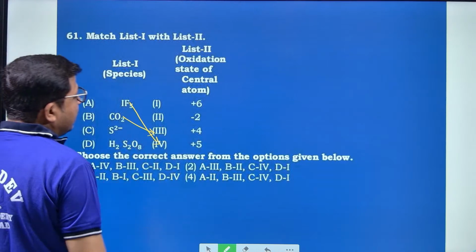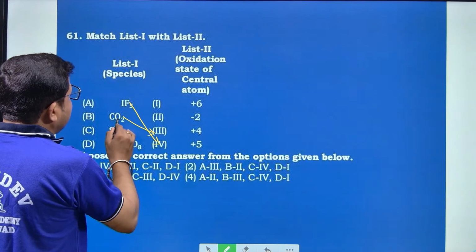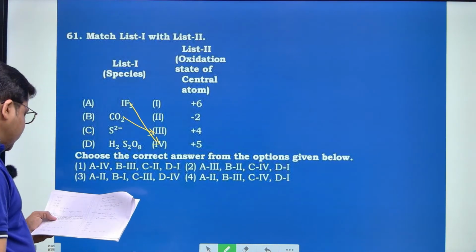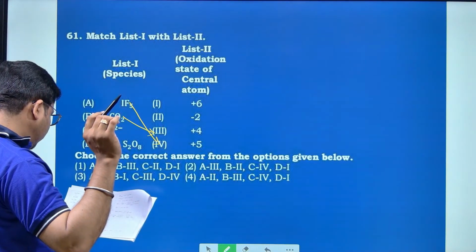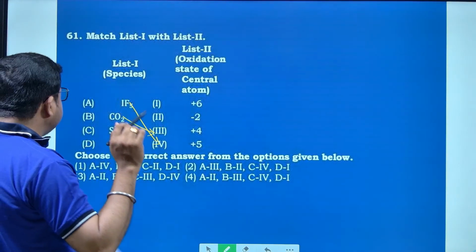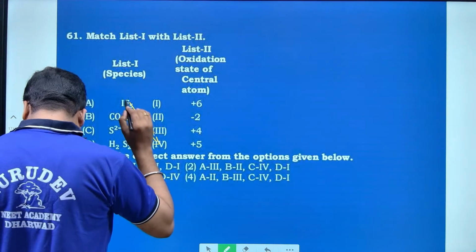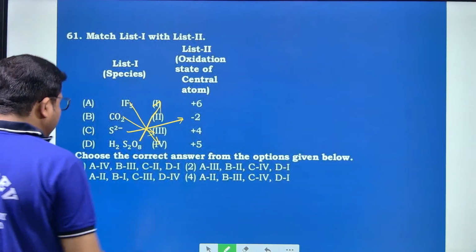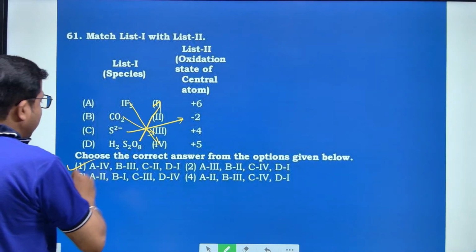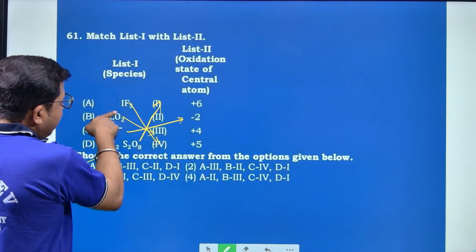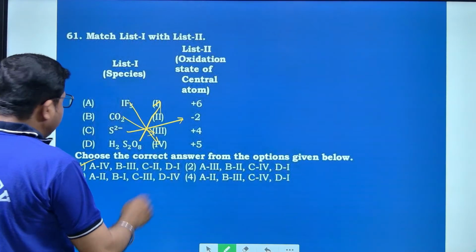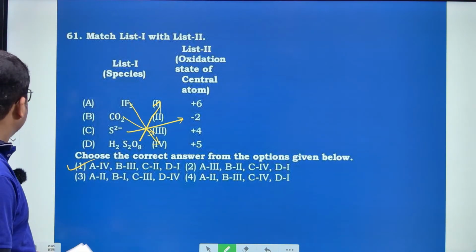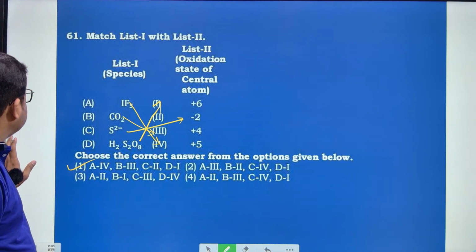Hence the oxidation state of the central atom in carbon dioxide is +4. And next, C is having 2, and D is having 1, and the right option for 61 is A4, B3, C2, D1. So it is reversely matched with the options, hence option number 1 is the right answer.